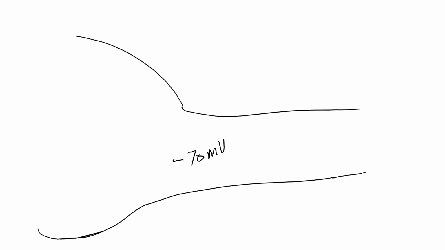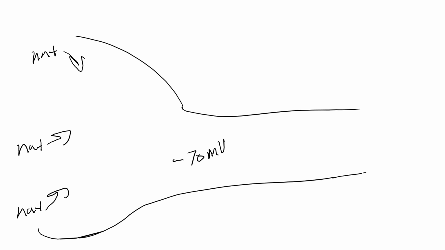The way that happens is that a presynaptic neuron will release excitatory neurotransmitters onto this neuron, called the postsynaptic neuron, and those excitatory neurotransmitters will allow for sodium to enter into the different dendritic regions of this neuron.